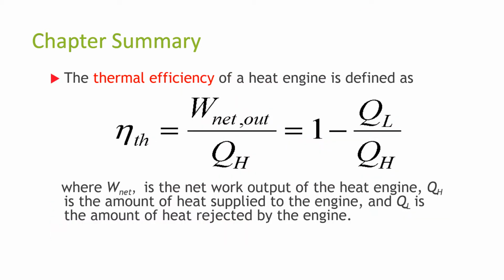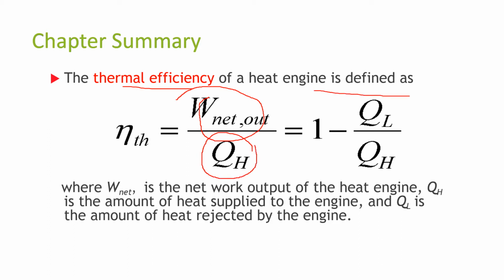Okay, another summary is for the thermal efficiency. The thermal efficiency of a heat engine is defined as W net out, or net work out, divided by QH, or heat at high temperature.